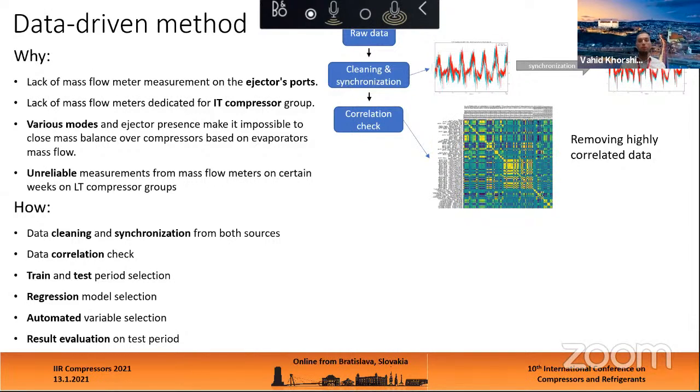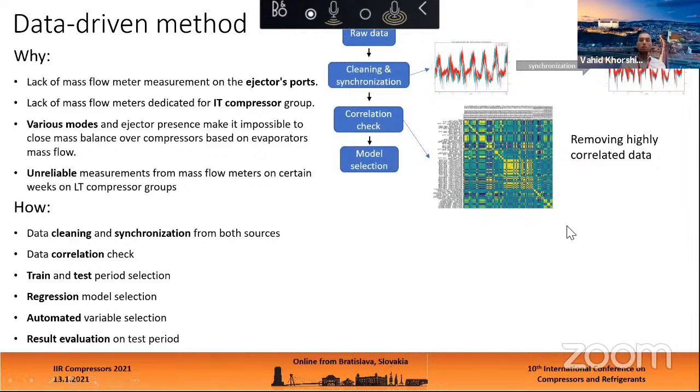The reason that we do a correlation check is that we want to remove highly correlated data, and that's usually the data that is unit converted. When you get data, there might be some pre-processing beforehand, and there are some unit conversions. You don't want to contaminate your data with duplicates, and that will also help you to know beforehand which data have the highest correlation.